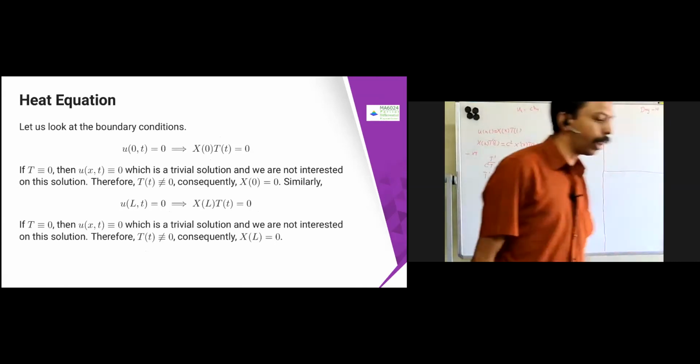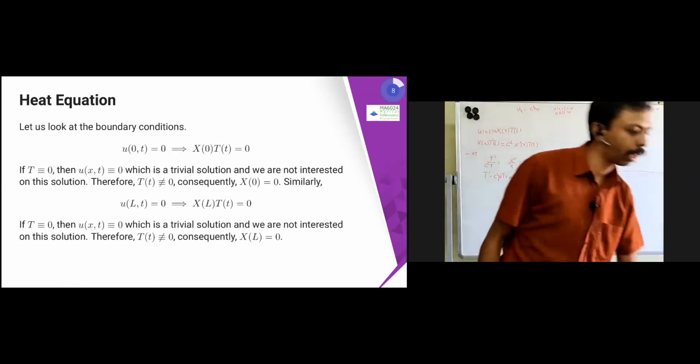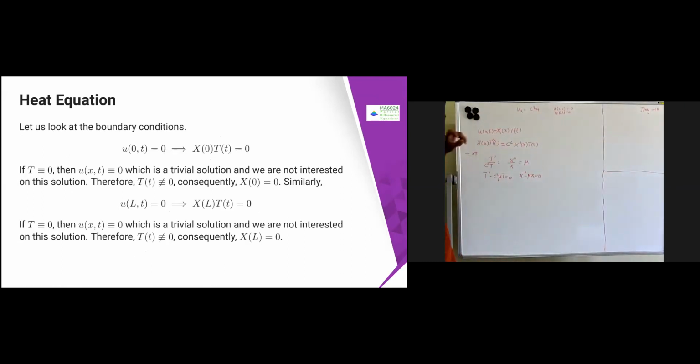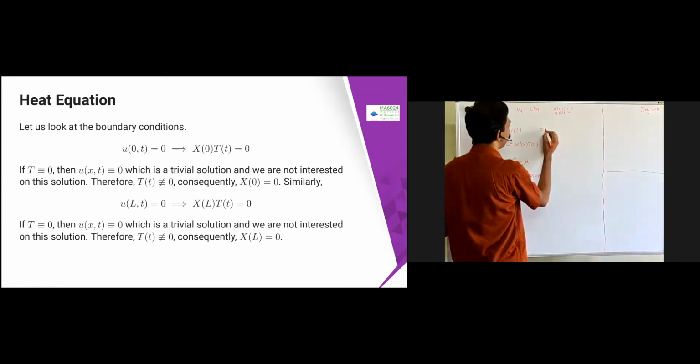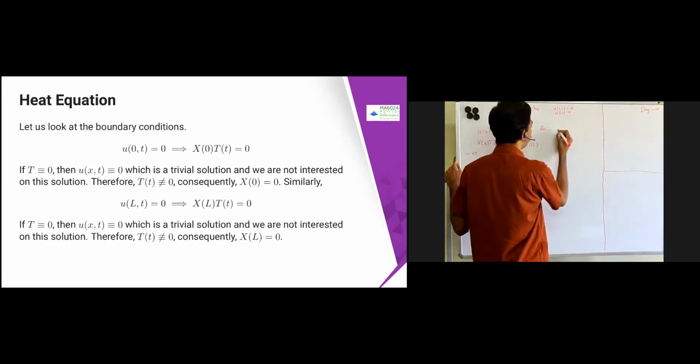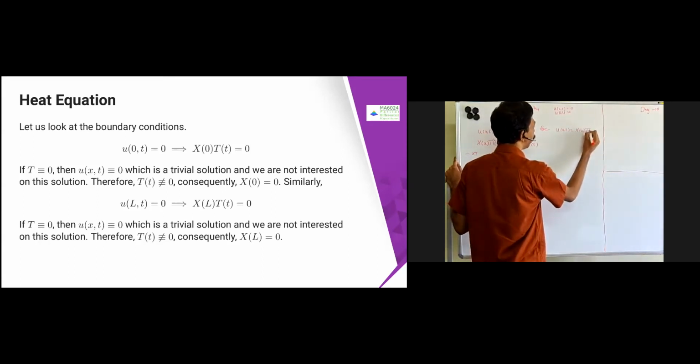Now we are going to look at the boundary conditions corresponding to this one. We are assuming that my solution is of this form. Let's take the left boundary. u of 0 comma t is going to be X of 0 into T of t, and it is given that it is equal to 0.